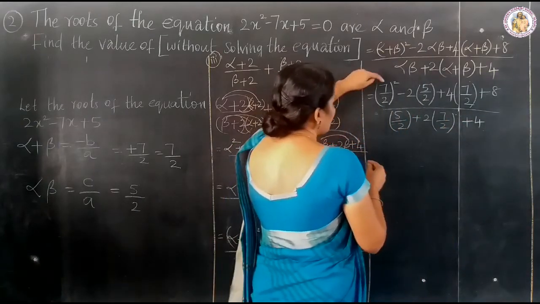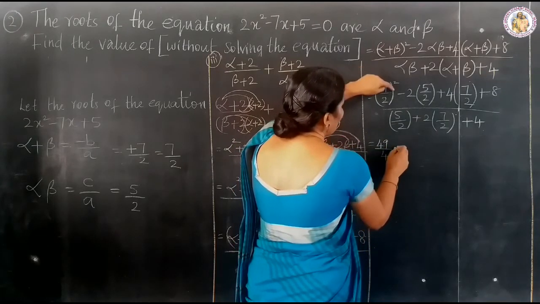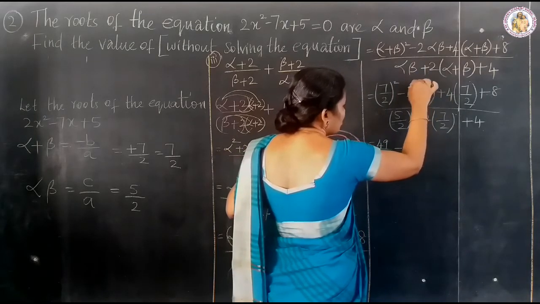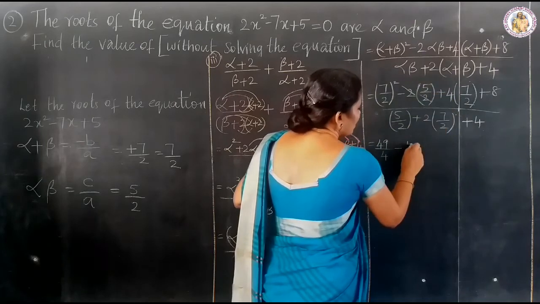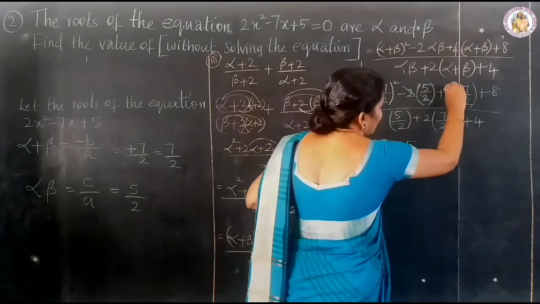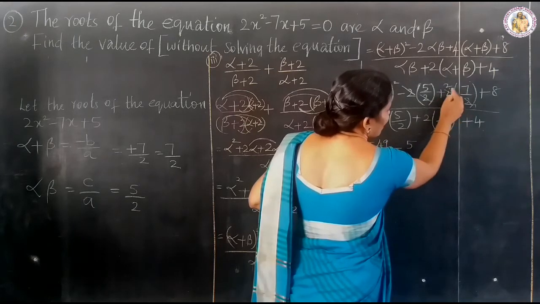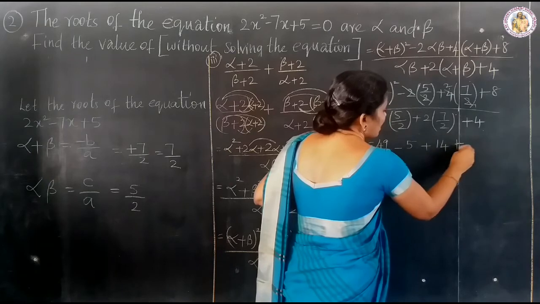Okay, now 7 sevens are 49, 2 twos are 4, minus, and here we have 2 within bracket 5 by 2. So here we have multiplication sign, cancel 2, write 5, and here 2 sevens are 14, plus 14 plus 8.